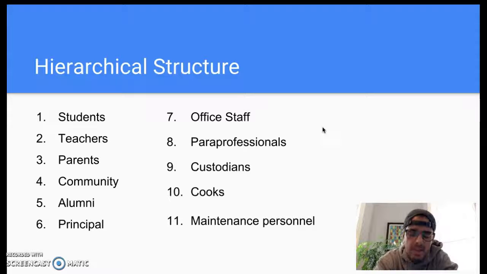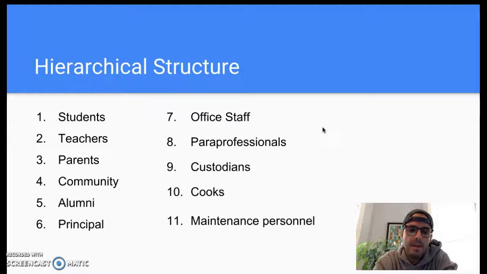And finally, the last three pieces of the structure here would be custodians, cooks, and maintenance personnel. I think those are all interchangeable. They have little to no influence on the learning of the students. They do help the building run. It's important that your building is clean to promote a good learning environment.